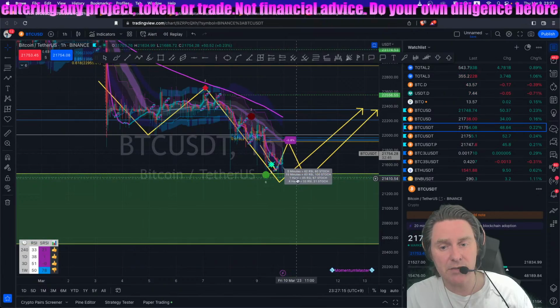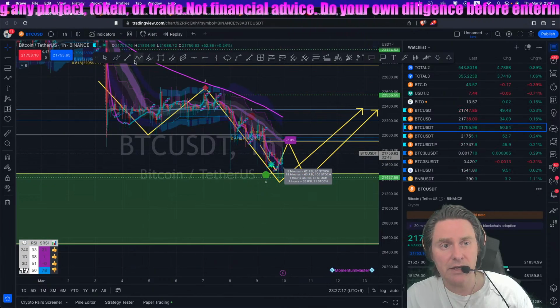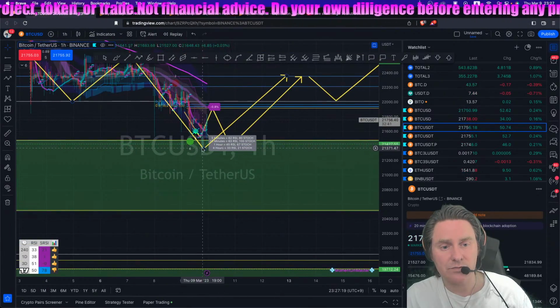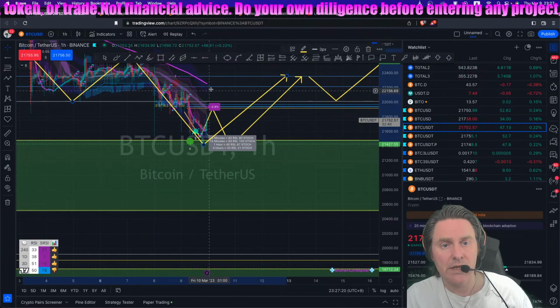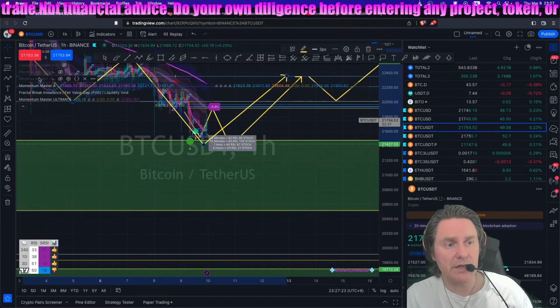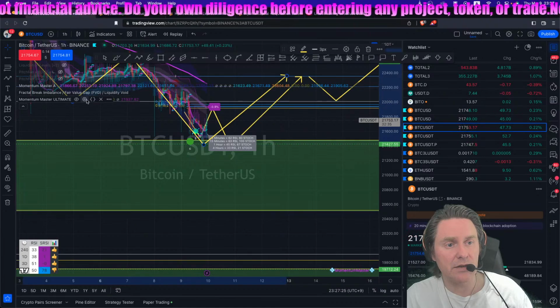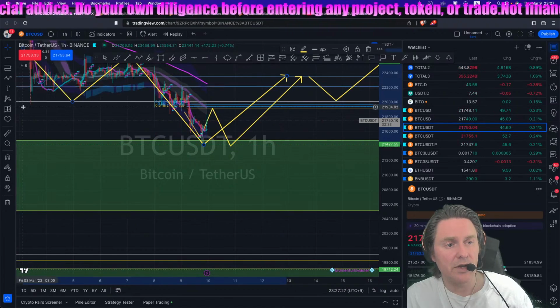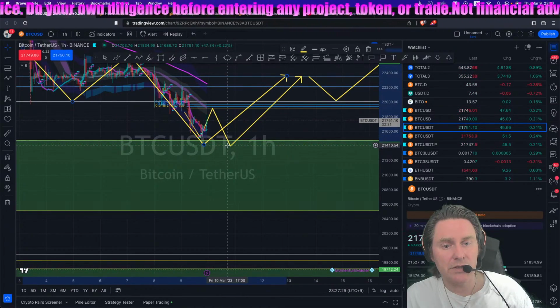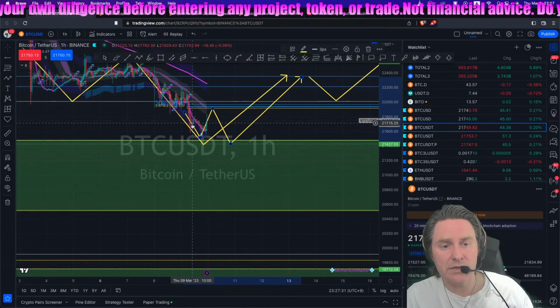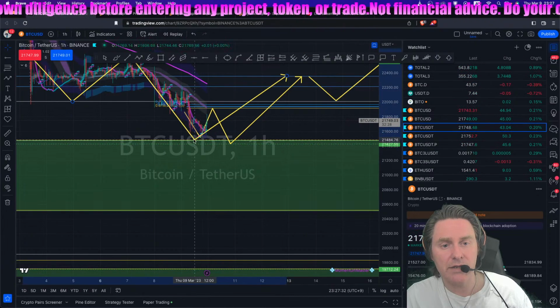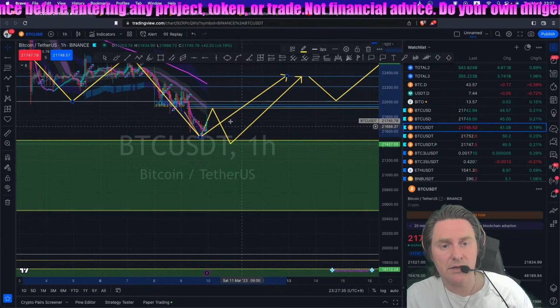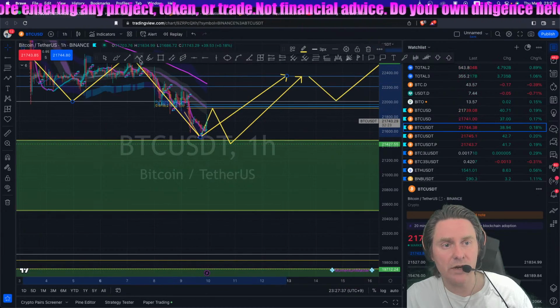So you want to see it come down into here, creating like a lower low. And let me turn off the stochastic thing, we'll turn off the ultimate rather. And then you want it to kind of make a lower low into this region, ideally speaking, and you'd have like a lower low, right?